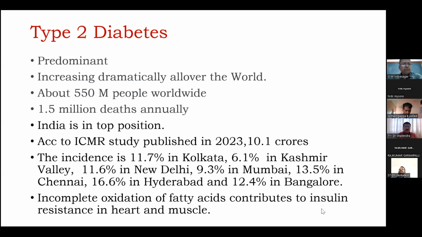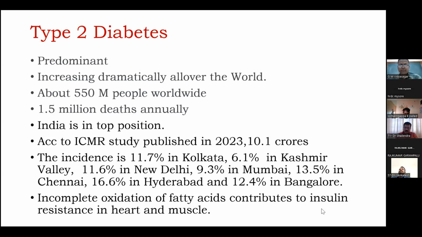A total of 1.5 million deaths occur annually, attributed directly to diabetes, and of these deaths, about 70 to 80% are due to heart attack. And India is today in the topmost position. Earlier China was there, but now India is in the topmost position.